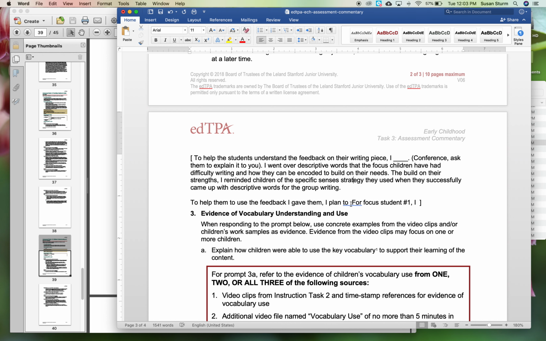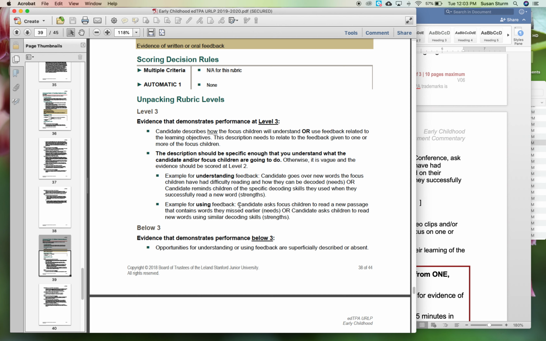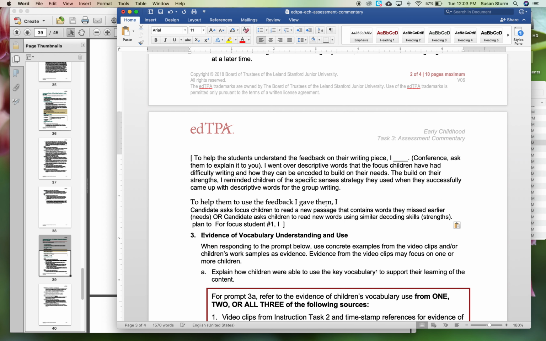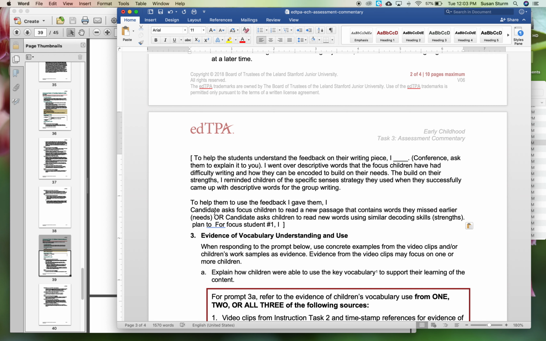Okay, so helping them to use the feedback. This one's down here. Let's see if we can modify this. Helping them use the feedback I gave them. I asked the focused children to read a new passage that contains words that they missed earlier.